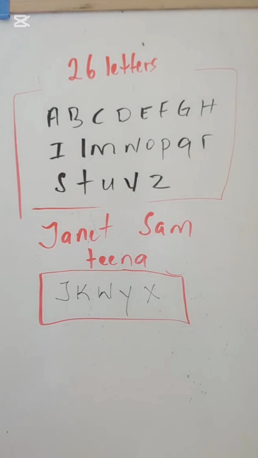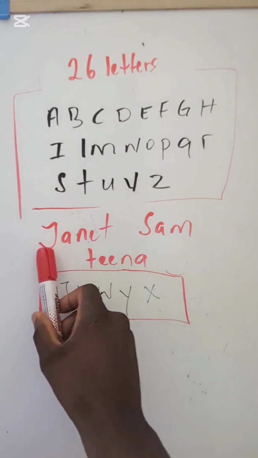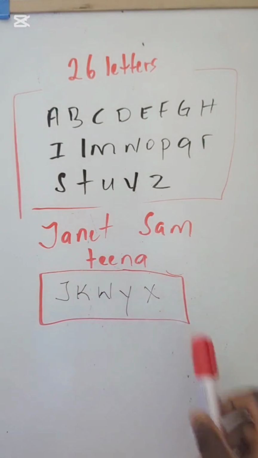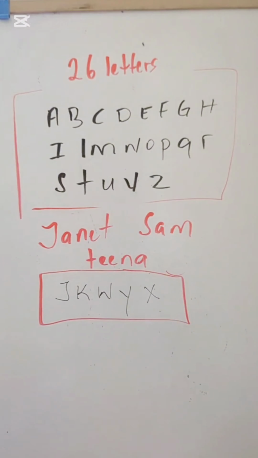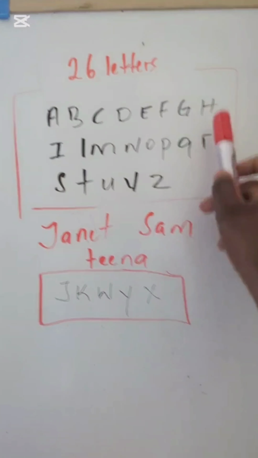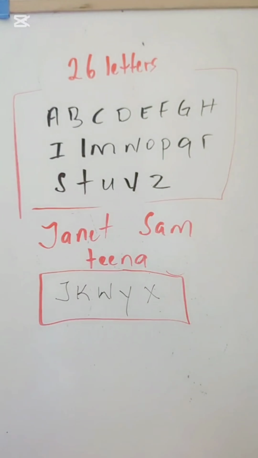But again, what you should look upon is the fact that even though these are names of persons, I want you to identify that these are also from the letters of the alphabet. The letters of the alphabet are very important because they are the base, the foundation, the very thing that you have to build upon, right?